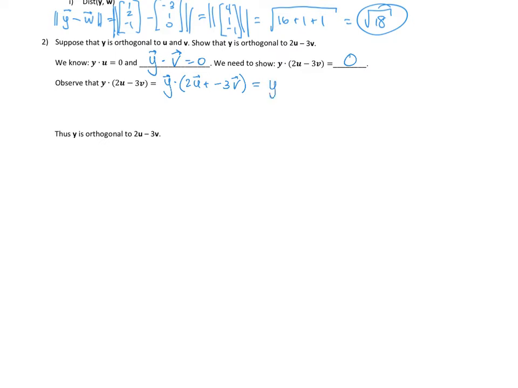So I'm going to have y dotted with 2u plus y dotted with negative 3v. And then I can move the scalars around with the multiplication. So this is going to be 2 times y dotted with u plus negative 3 times y dotted with v.